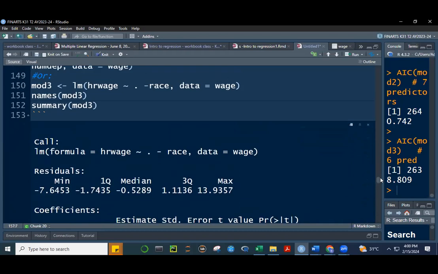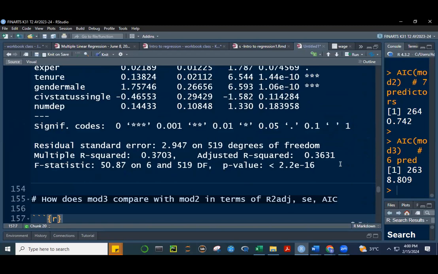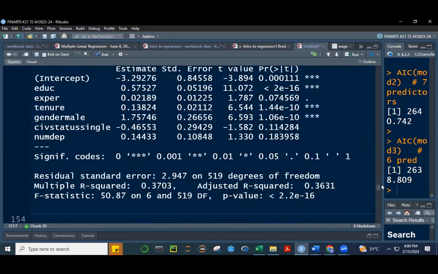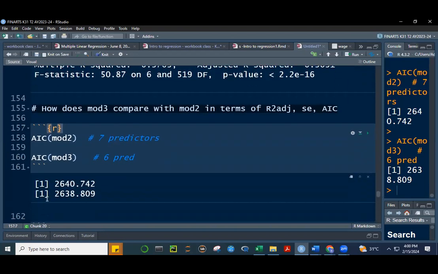Okay, so you can see here, class, na sometimes mas konti yung predictors, mas maganda yung adjusted R-squared. So that happened here. Ito 3631, yung isa 3619. But in terms of multiple R-squared, mas maganda talaga si model number 2. In terms of AIC, mas maganda, class, si model number 3.